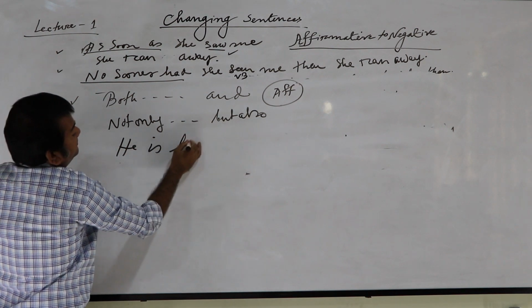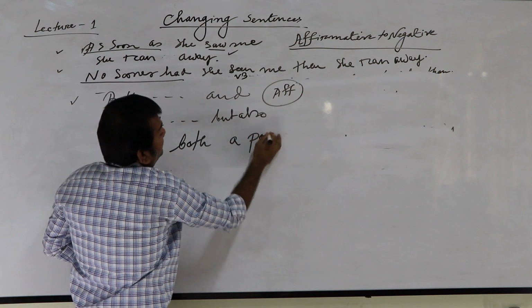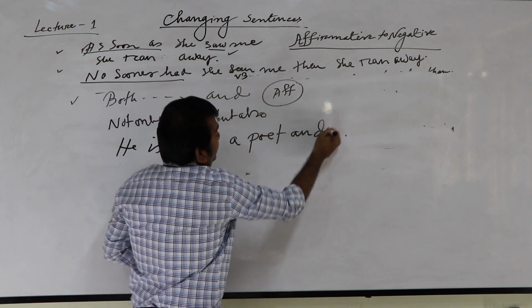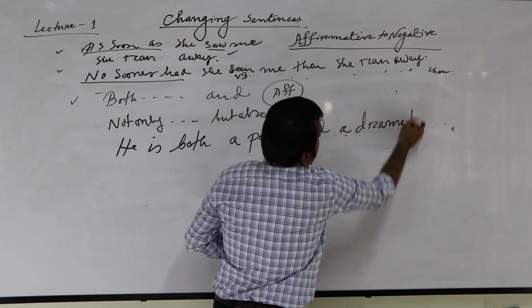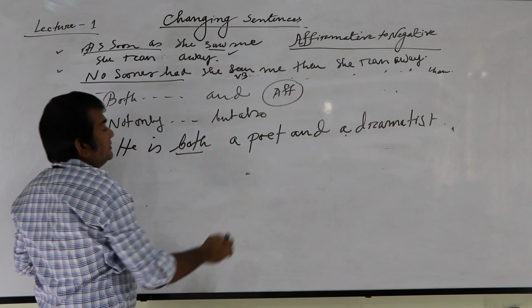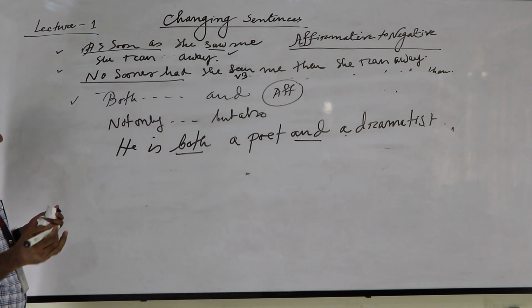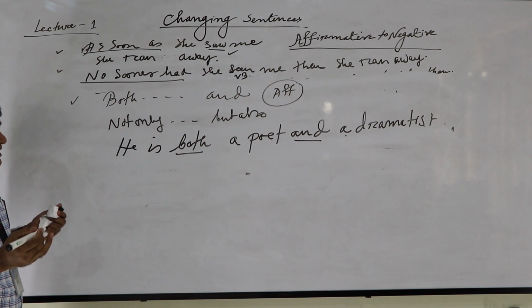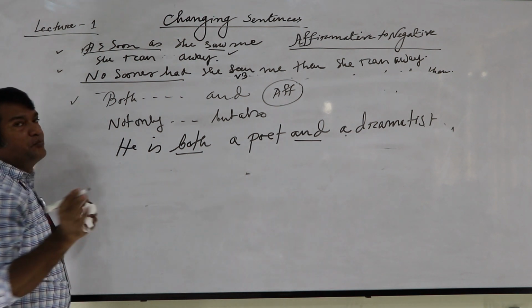For example, he is both a poet and a dramatist. Both. And here is and. So this is affirmative. So we'll change it by adding not only but also.